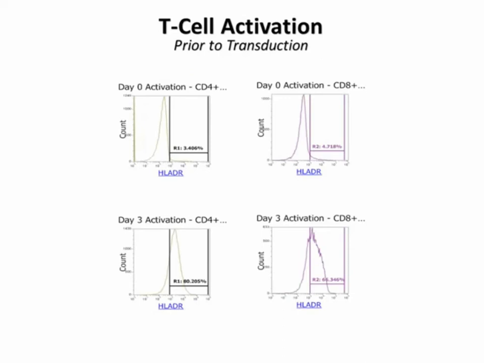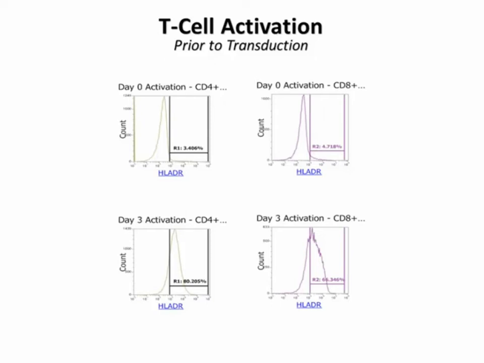This next slide shows the activation of the lymphocytes that we have. Now, this can be done in a variety of ways. We can use a defined media supplemented with IL-2 that contains CD3 and CD28 activating beads, and this mimics the synthetic antigen-presenting cells that will activate these lymphocytes. They think that now they're actually supposed to be targeting a particular antigen.